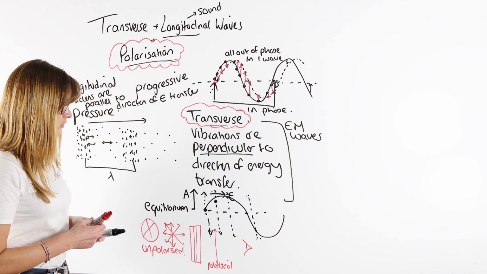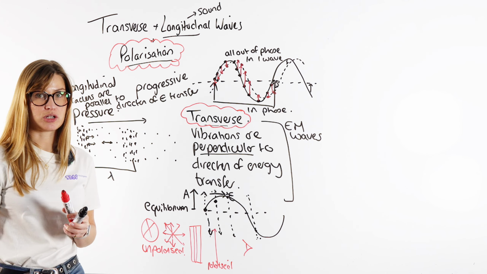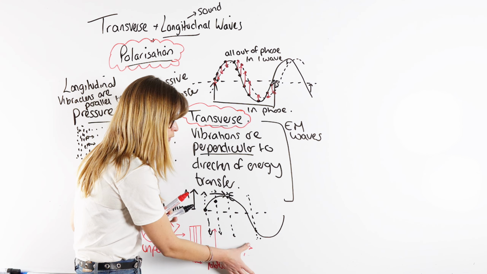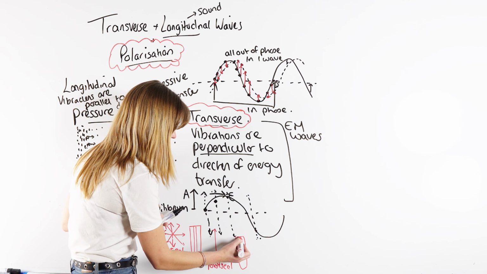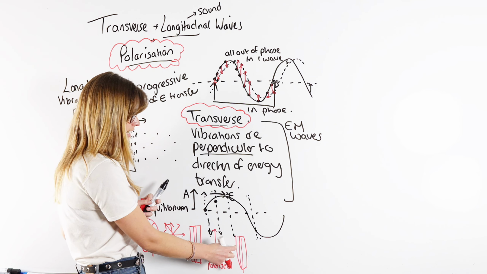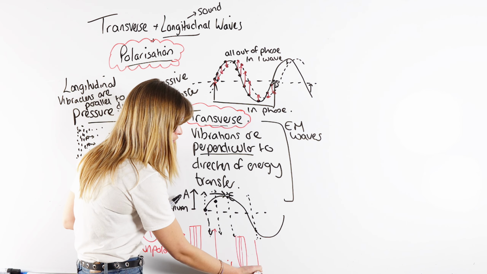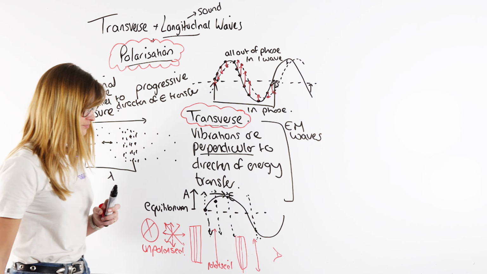Another thing we can do is, let's say we don't know if the light is polarized or not. What we can do is we can use a second polarizer. So if I put a second polarizer, again, at the same orientation as that first polarizer, because it's already been vertically polarized and it's still vertically polarized, all of those vertical components can get through and I'm still going to see light.